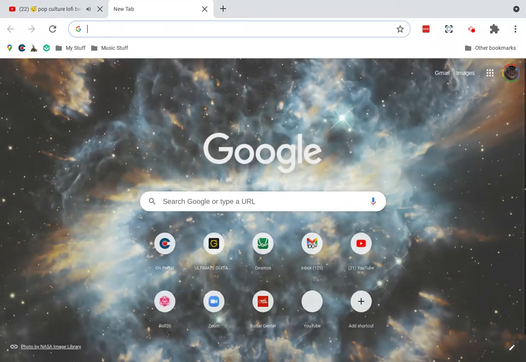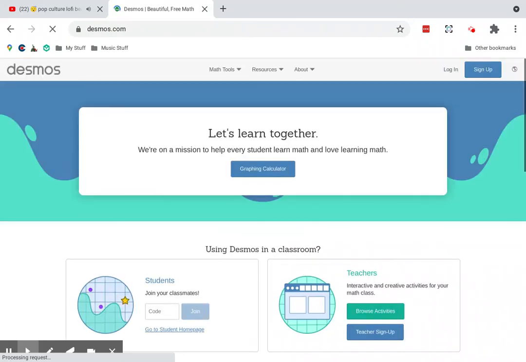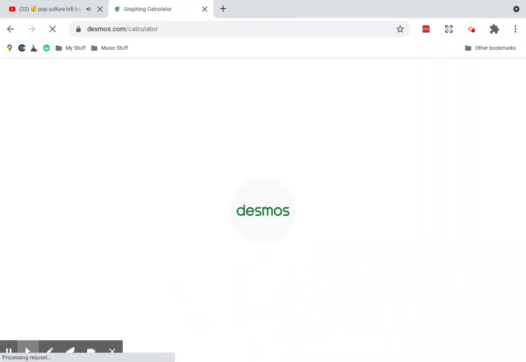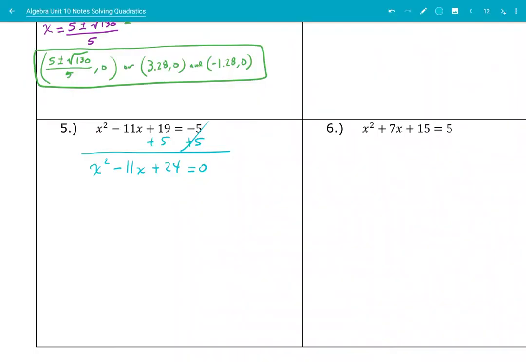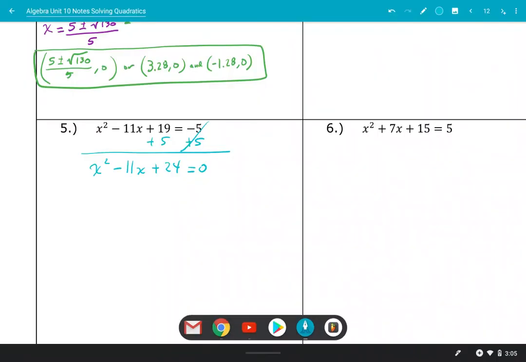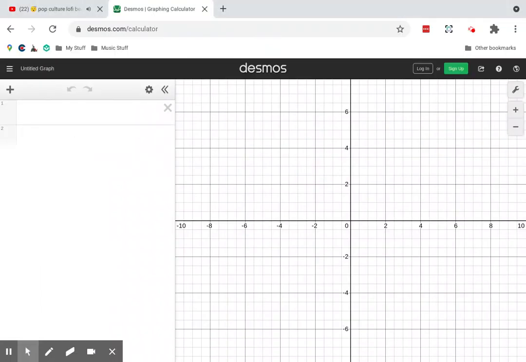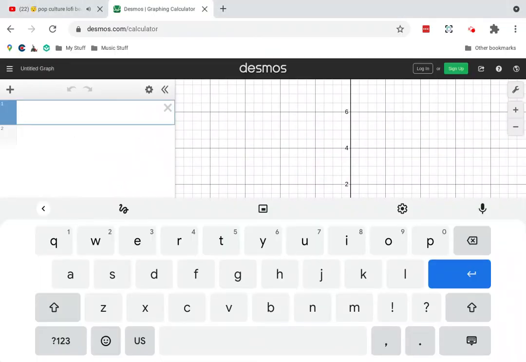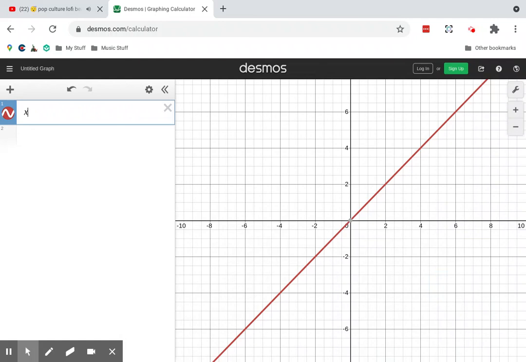And now, my friends, I'm just going to hop over to Desmos, which I have right here. You can use your graphing calculator if you want. I'm going to use Desmos and plug that in. So let's see, that was x squared minus 11x plus 24. I need to fold out my keyboard so I can type.